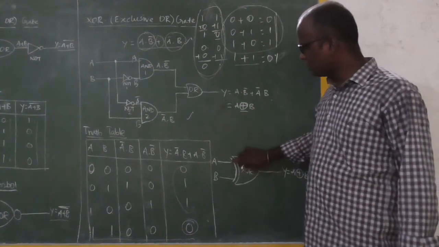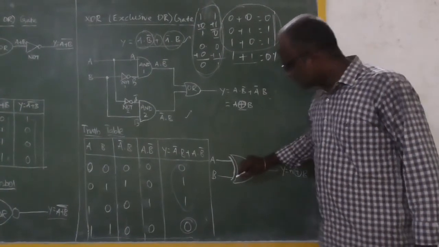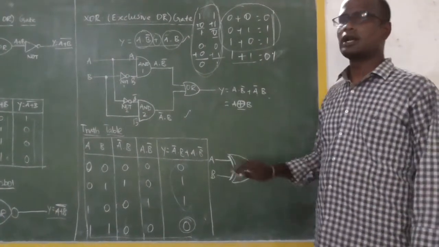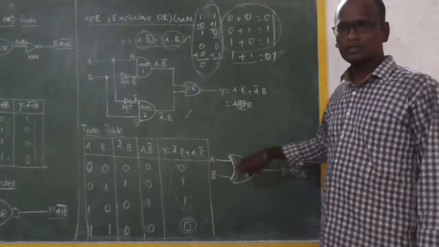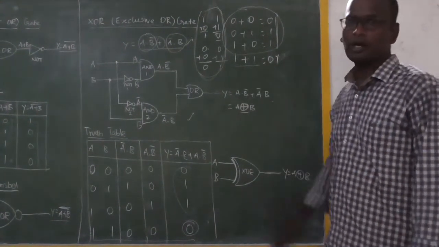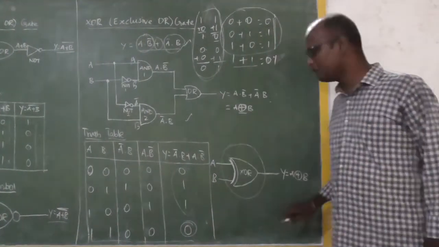There are two semicircles, not touching. These two semicircles added at the inputs differentiate the XOR gate from the OR gate.